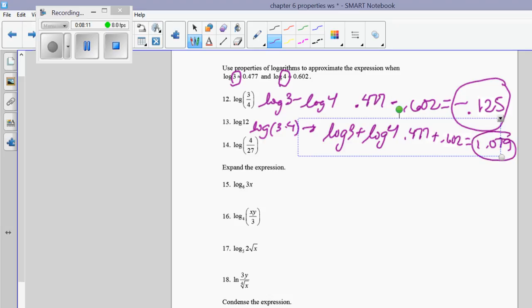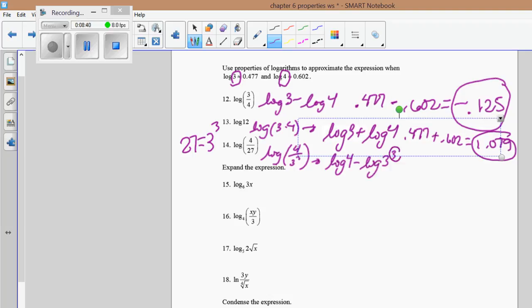Now, number 14, check that out. It's 4 over 27. You're like, 4 over 27? Where the heck does 27 come from? So you have to really be thinking. Remember, 27 is 3 cubed. So this is truly saying the log of 4 over 3 cubed. So the first step is to expand that. That's the log of 4 minus the log of 3 cubed.